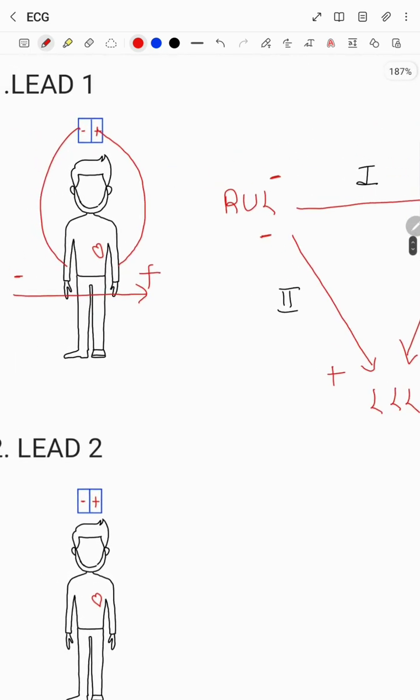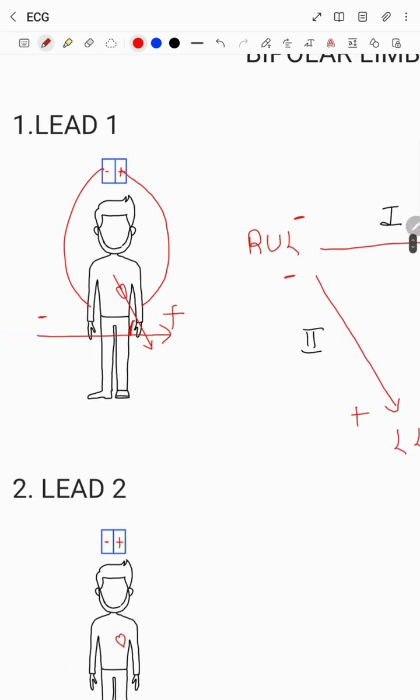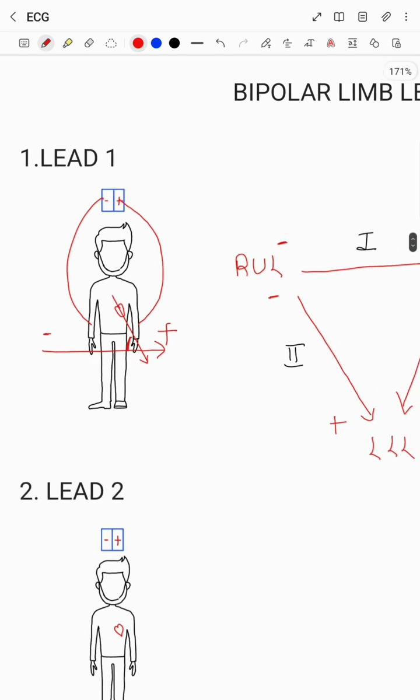Vertical impulses will go like this because our heart is tilted at a particular angle. Both the vectors are making a particular angle which is acute. So we will see a deflection in which P and QRS will come out to be positive.